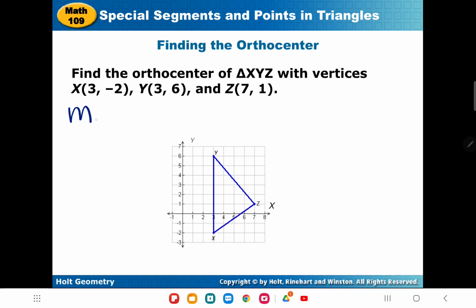So my slope for YZ is 6 minus 1 over 3 minus 7. That's 5 over negative 4.